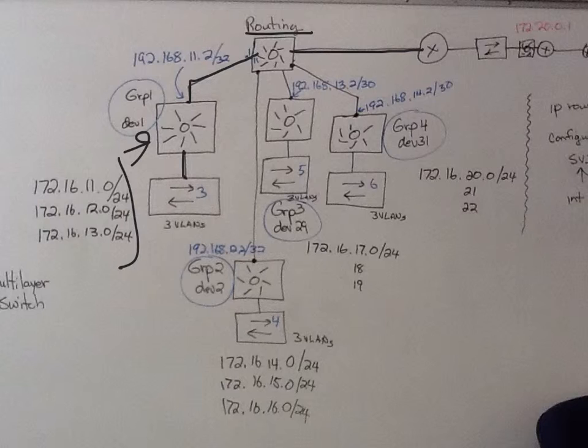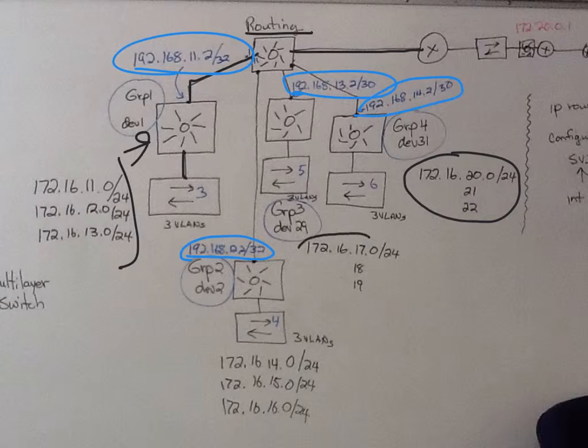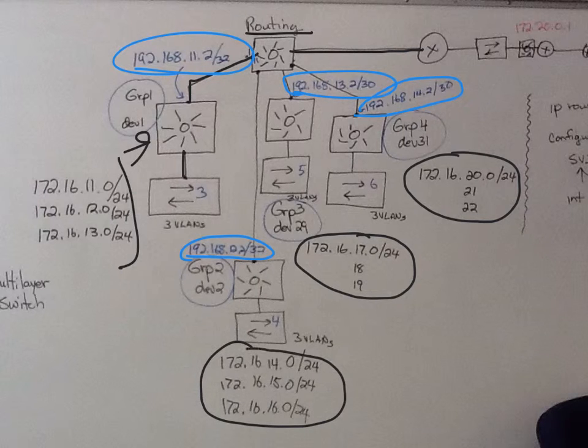If you want to check back into your labs where they did this, this would be the information: the connections here going out to that router. And then the groups had to have multiple networks inside for each of their VLANs, and they had devices here and devices on the multi-layer switch.